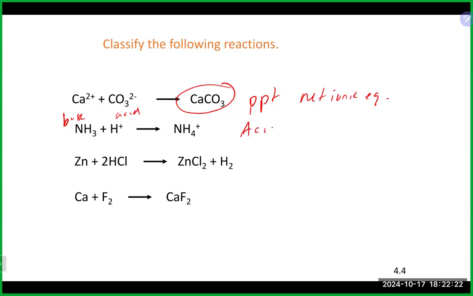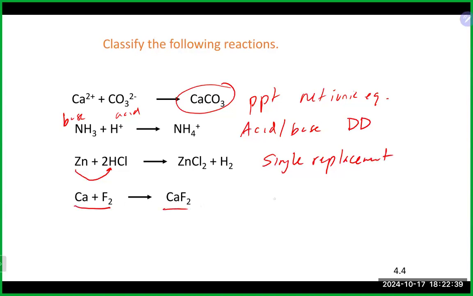That's an acid-base reaction happening. Also a double displacement reaction. This is what we just saw there. That's a hydrogen displacement or a single replacement reaction. And this is two things that make one thing. That is a synthesis or combination reaction. Questions on any of those there?